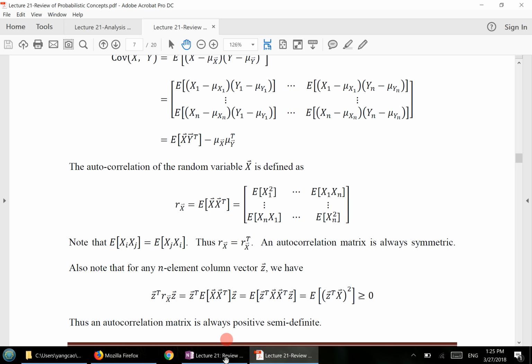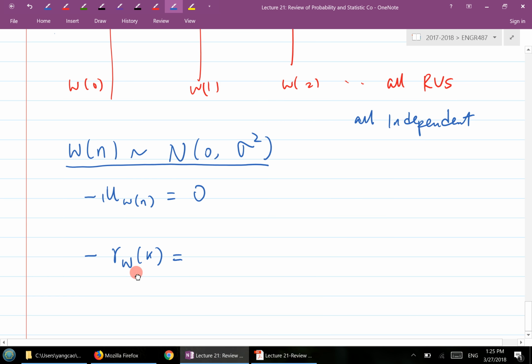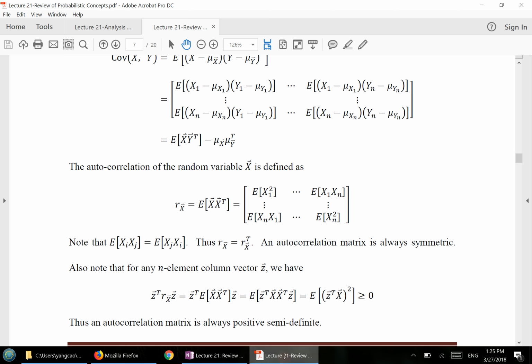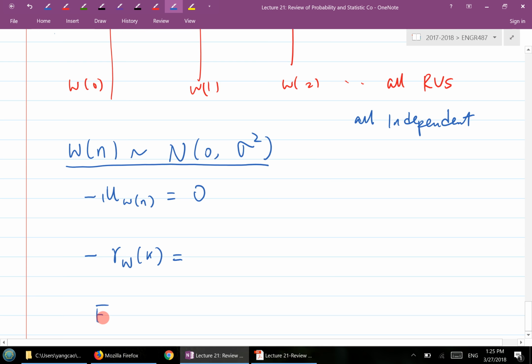What is the correlation between, for example, W0 and, let's say, W2? That's the correlation between the two random variables here. Now, I put a k here. k basically means the difference between the two random variables.